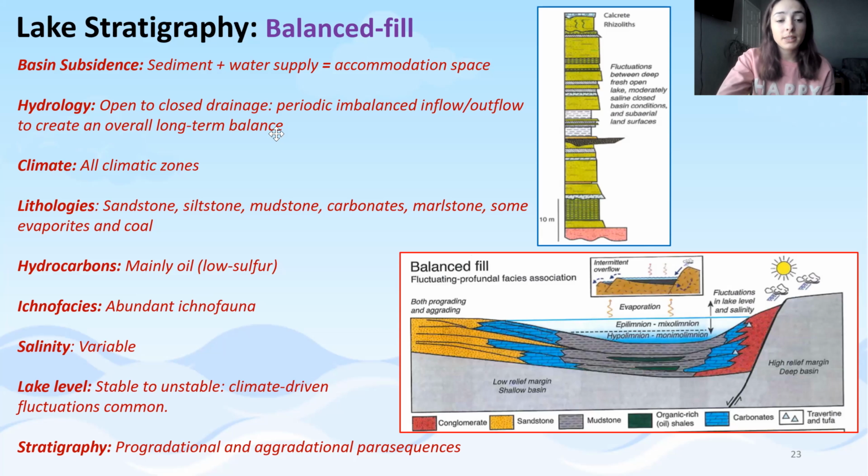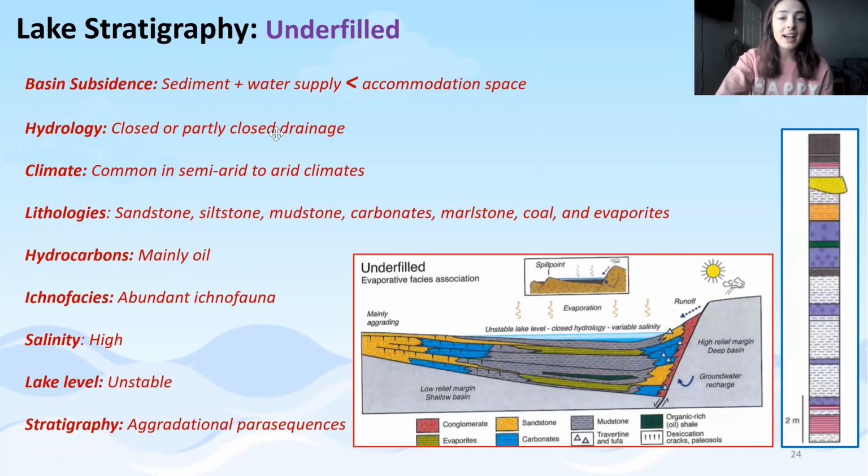Additionally, the lake level can be stable, but also unstable depending on the fluctuations it's going through at the time due to climate. And the stratigraphy is either progradational or aggradational, depending again on whether it is closed or open at the time.